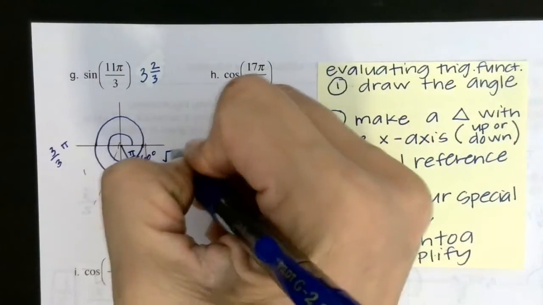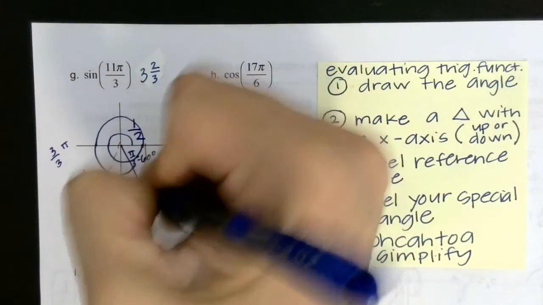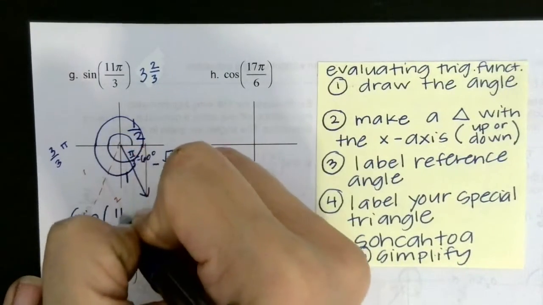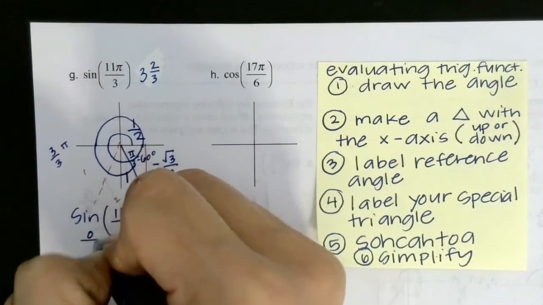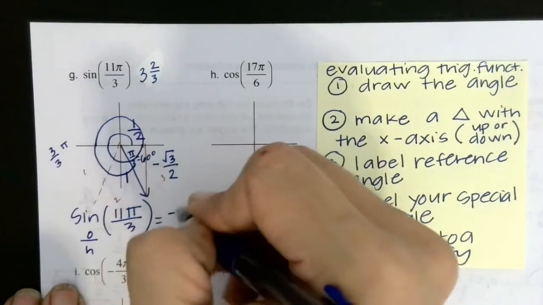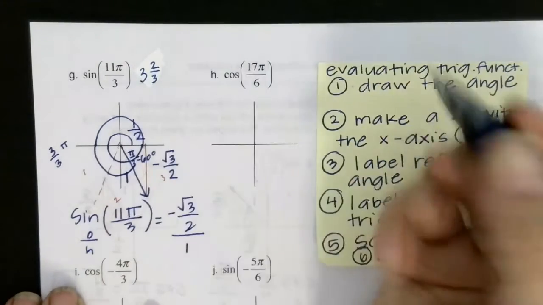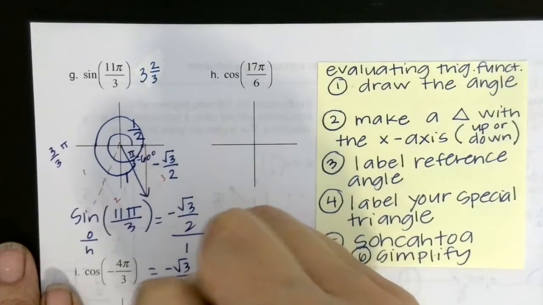So this is negative root 3 over 2 because I'm down in the negatives. That's 1/2. This is 1. The sine of 11 pi over 3 is opposite over hypotenuse, which is going to be negative root 3 over 2 because it's opposite, all over 1. So that just gives us negative root 3 over 2.